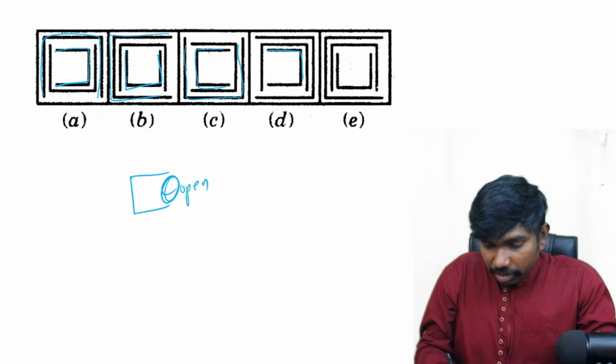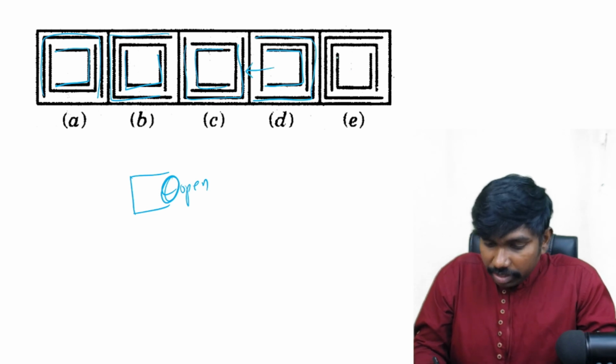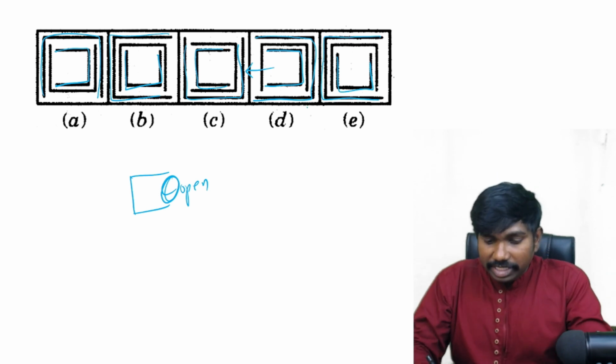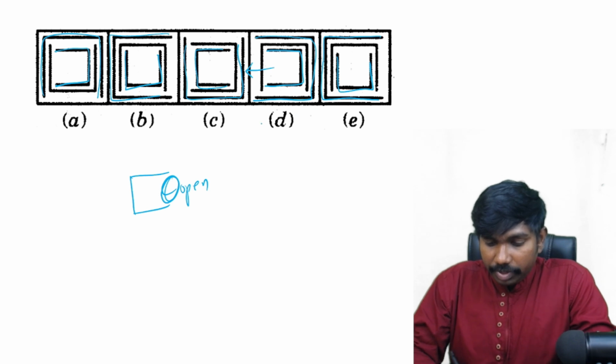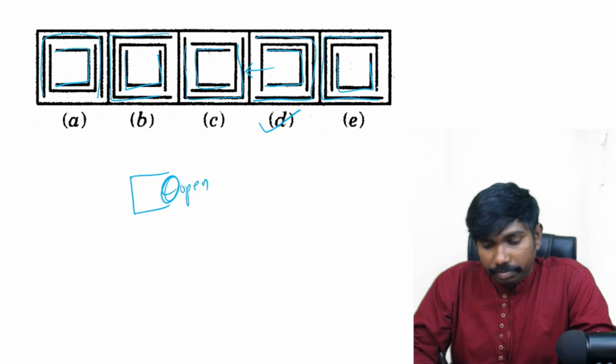But if you see option D, the innermost square and external square are also opened in the same way, in the same direction. And in option E also they are not in the same opening. So all except option D have different openings comparing the innermost and exterior one.